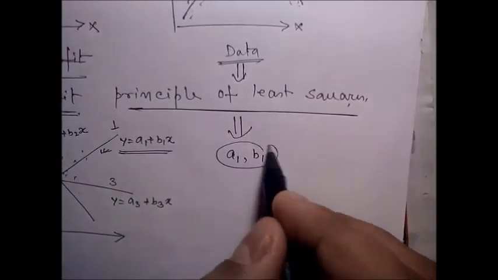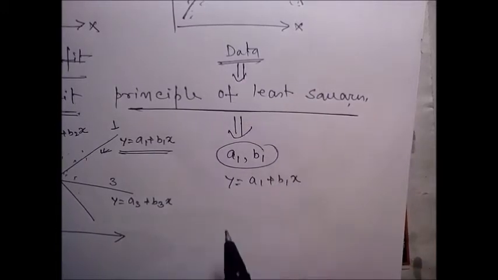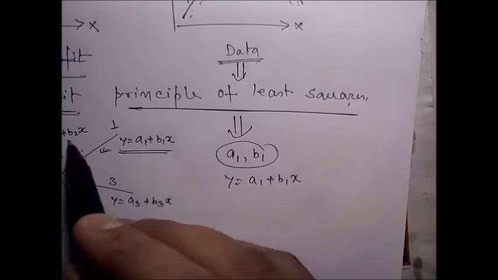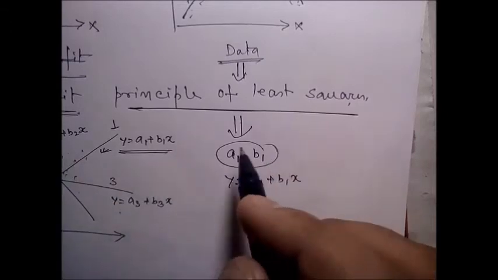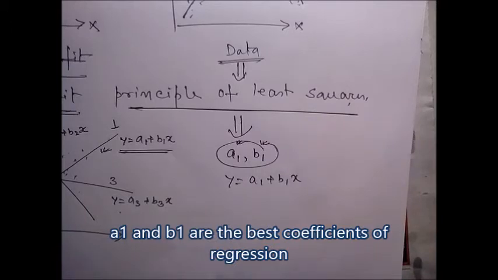So from this a1 and b1 we can identify the line, say a1 plus b1x. So out of a1, a2, a3 and b1, b2, b3, a1 and b1 are the best estimation for this particular regression coefficient.